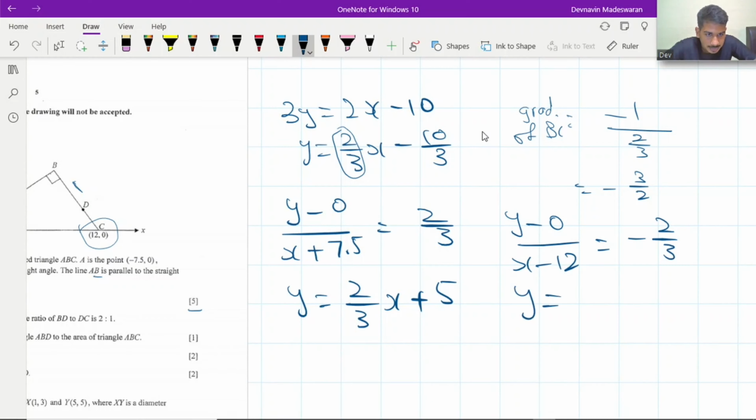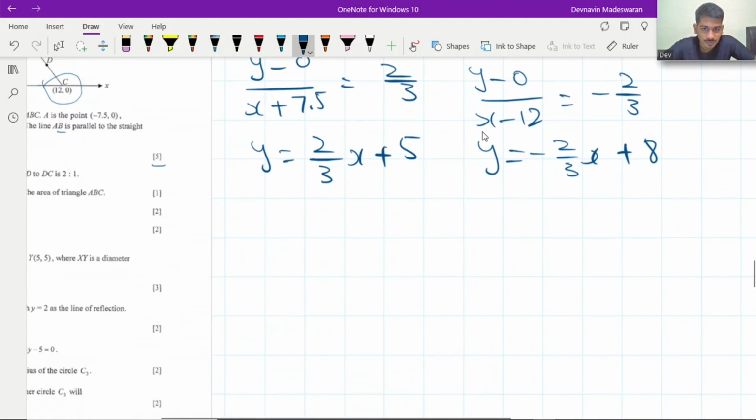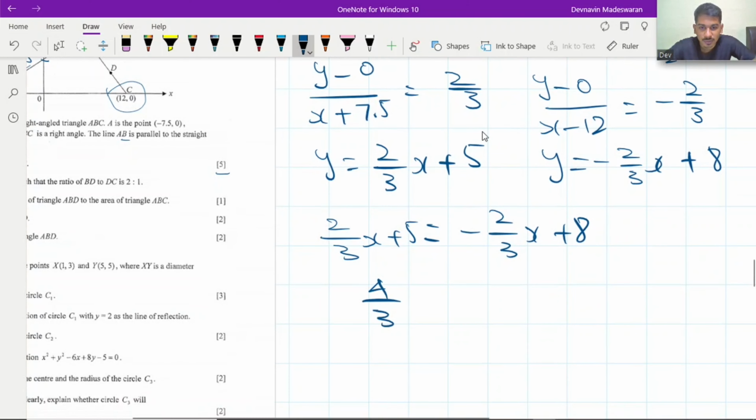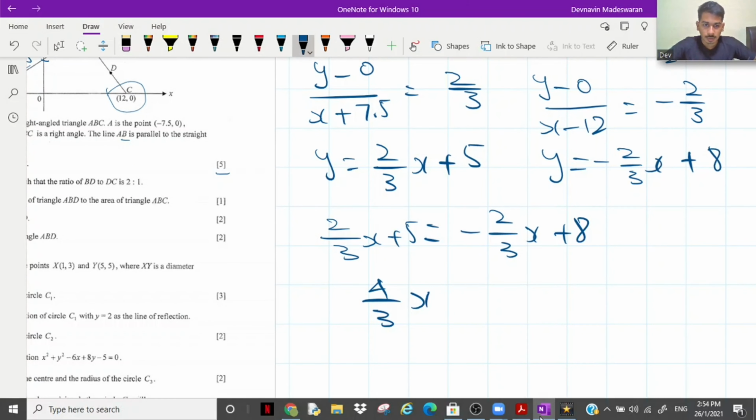I can say y is equal to negative 3/2 x plus 18. So we have two equations. Now we just equate them. 2 over 3x plus 5 is equal to negative 2 over 3x plus 8. And then we move it there. It's going to be 4 over 3x, and then it's going to be 3. So x is going to be equal to 9 over 4.